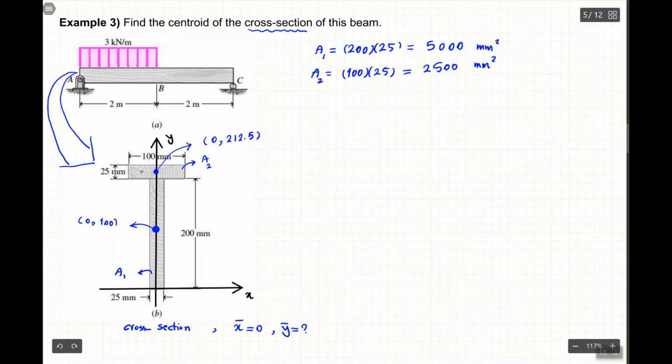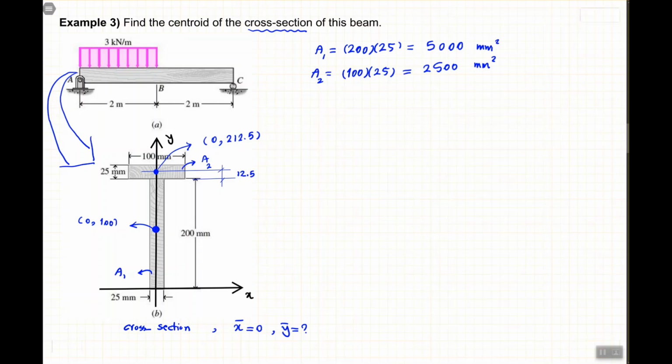Let's make sure we didn't make a mistake over here, right? Then this distance definitely has to be half of 25, which gives me 12.5 millimeters.